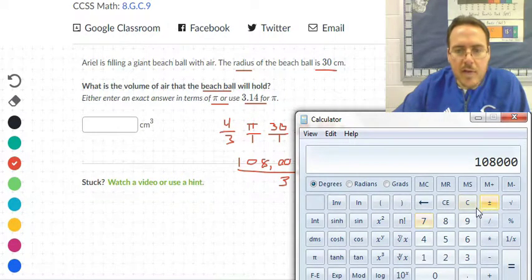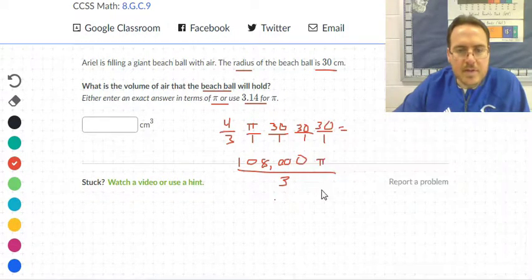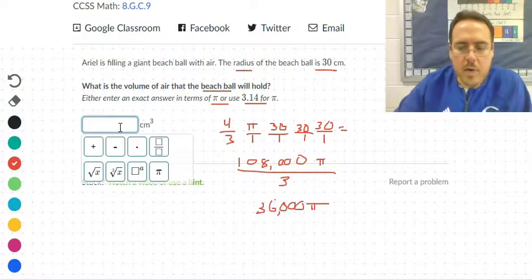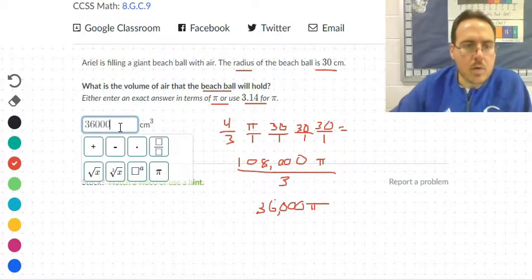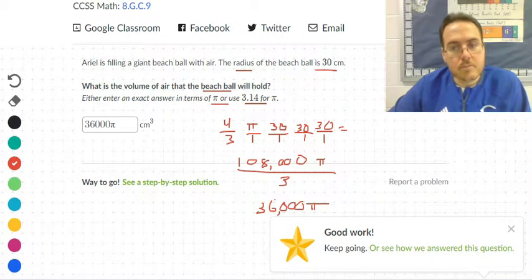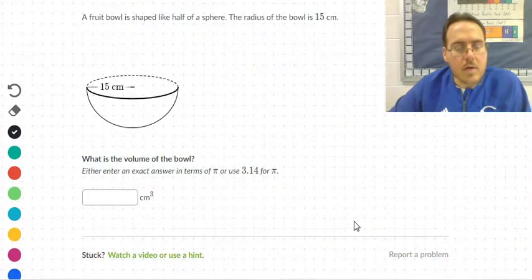Fortunately, I can actually divide that by 3. Yeah, 36,000. So that'd be 36,000 pi. There it is. All right. Sweet.